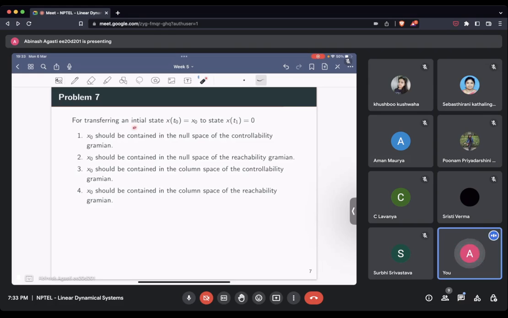You want to transfer an initial state x naught to a state 0 at some time t1. So what is this? We have learnt about this. I am at any general x naught and I want to come back in a finite time to the origin. So what does this tell me?